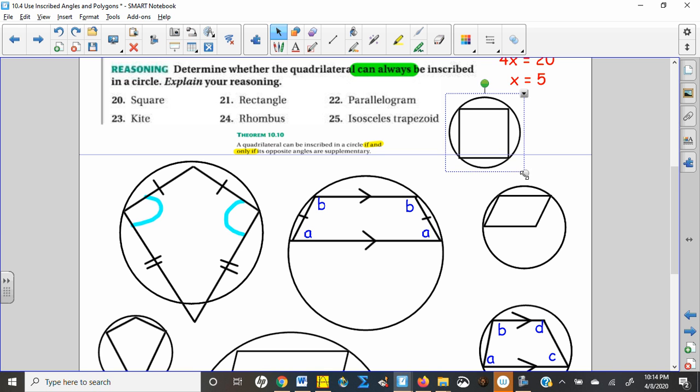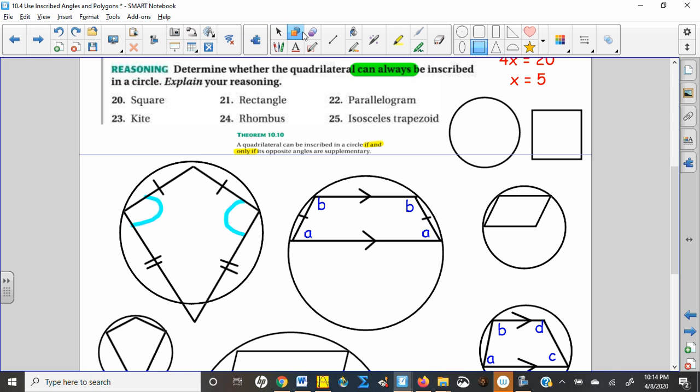There it is, every time, because of the 90-degree angles. Now, a rectangle also has 90-degree angles, and let me grab a rectangle for you. And so we'll also get always, always.